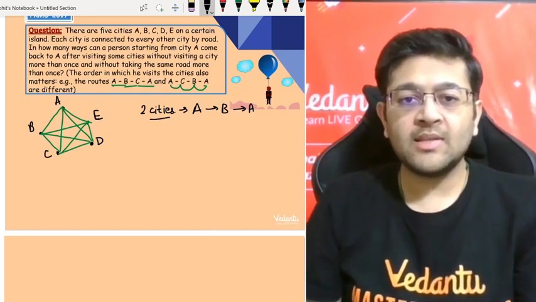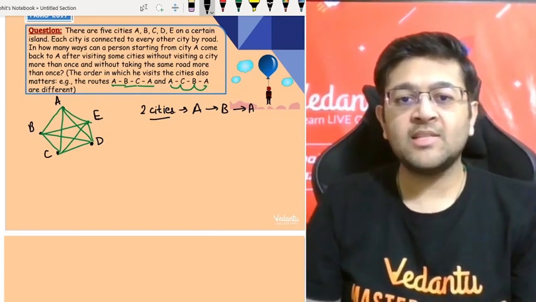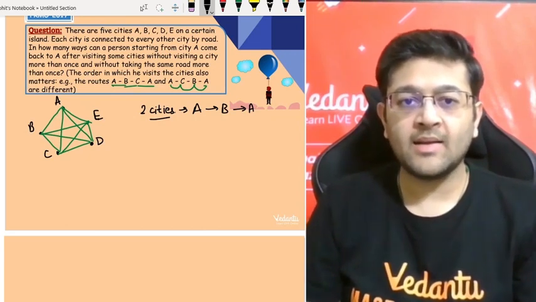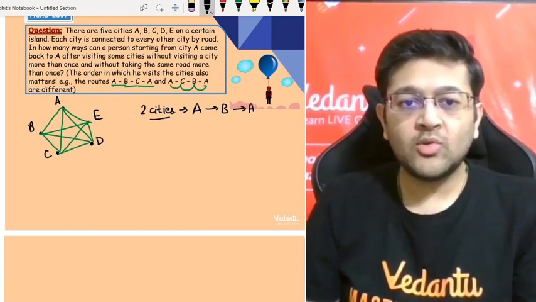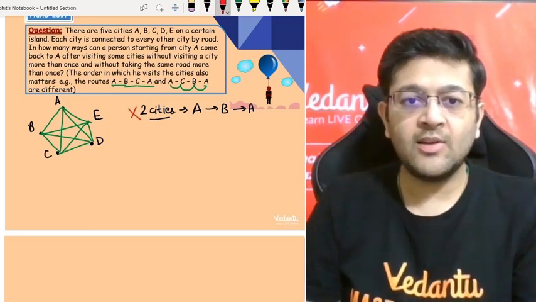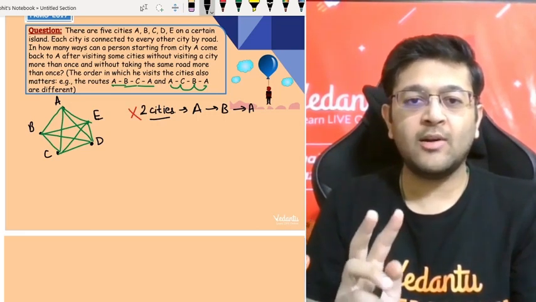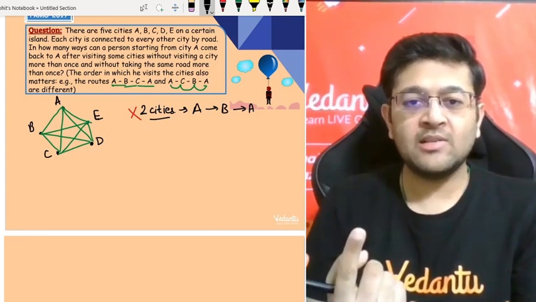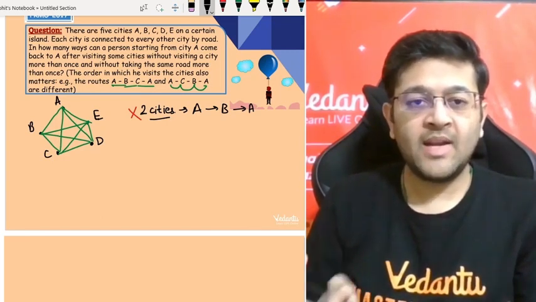This will not work because in that case we are taking the same route again for coming back, right? So 2 cities का कोई भी case नहीं होना चाहिए. So this case will not be there where only one extra city is involved other than A, right?